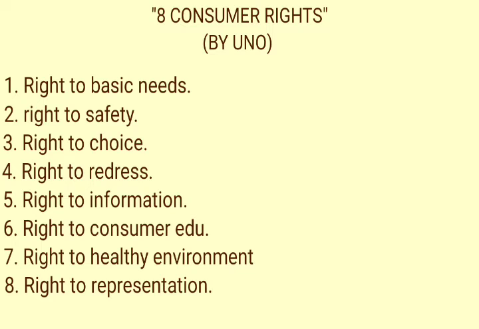Next is the right to information. Every customer, every consumer in the global market or local market has a right to information. All kinds of information about the product should be disclosed. It should be revealed to the consumer before the consumer buys it. No information should be concealed. No information should be hidden.